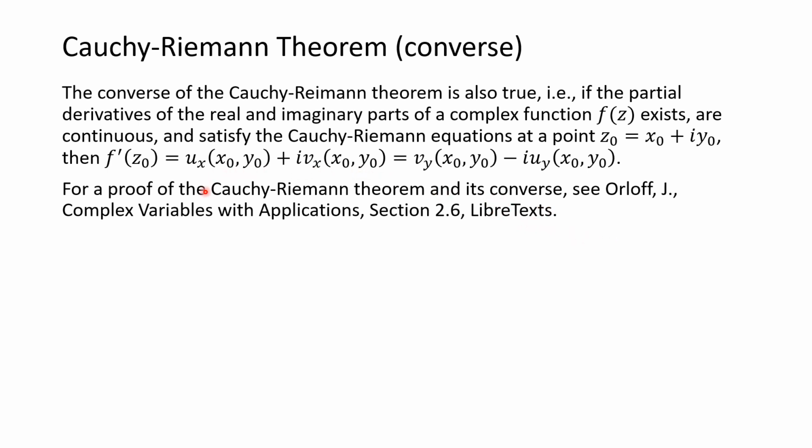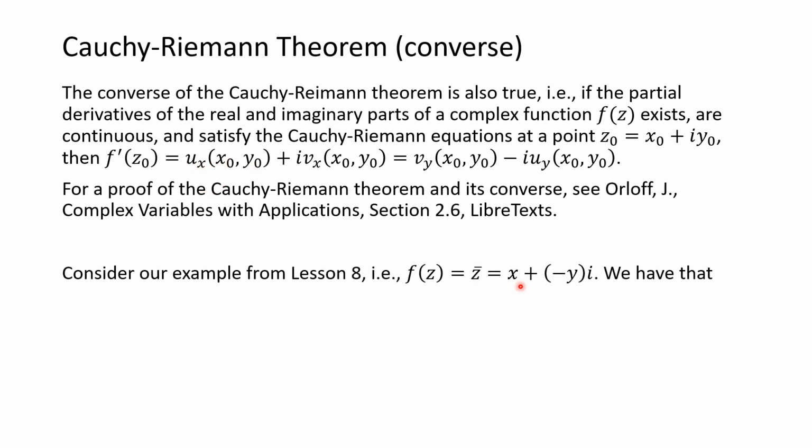Just to give you a quick sketch, the way we get this is, if you recall from our earlier example in lesson 8, when we showed that the derivative of the conjugate of z did not exist, we took the derivative along the positive y-axis and the positive x-axis and showed they weren't the same.